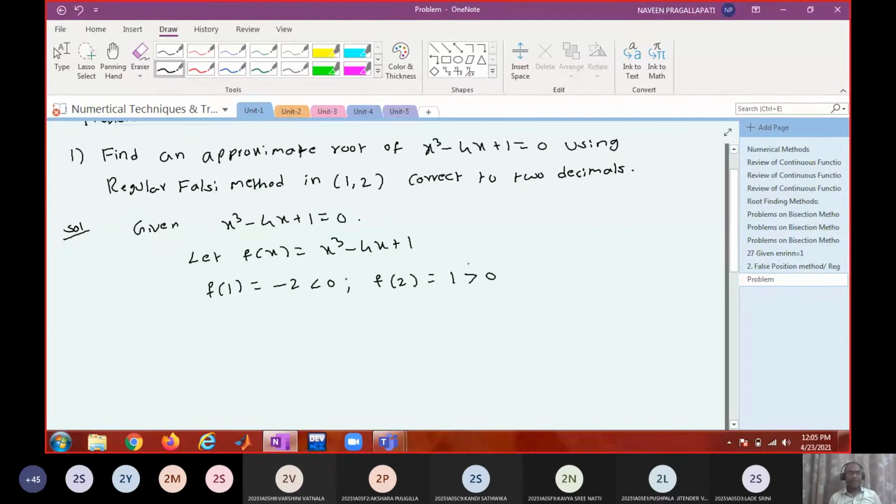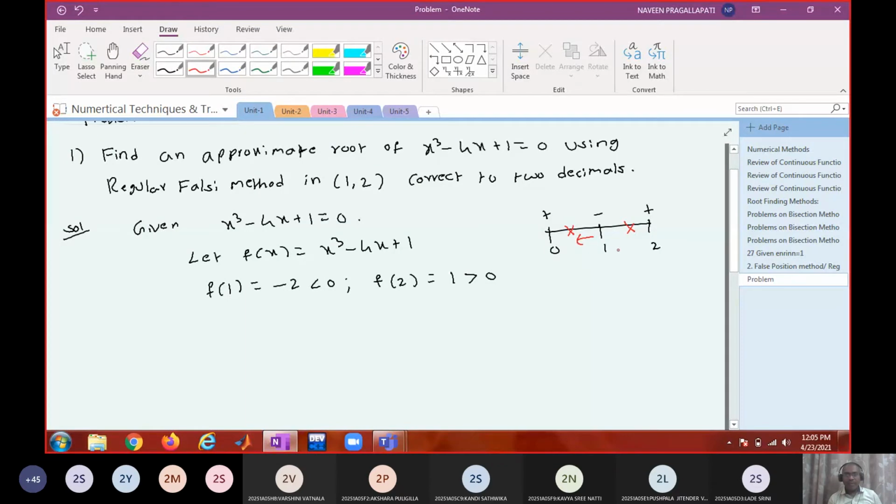Can you see that? 0 is there, 1 is there, 2 is there. f of 0 is positive, f of 1 is negative, f of 2 is positive. That means there is a root between 0 and 1, and another root between 1 and 2. If you take 0 to 1 as your initial interval, that will lead to one root.